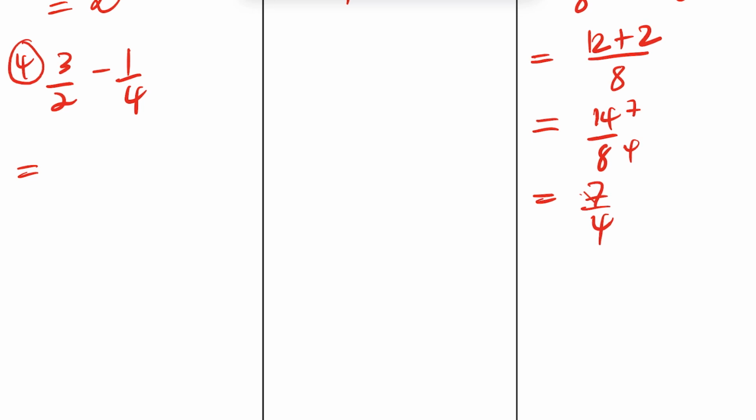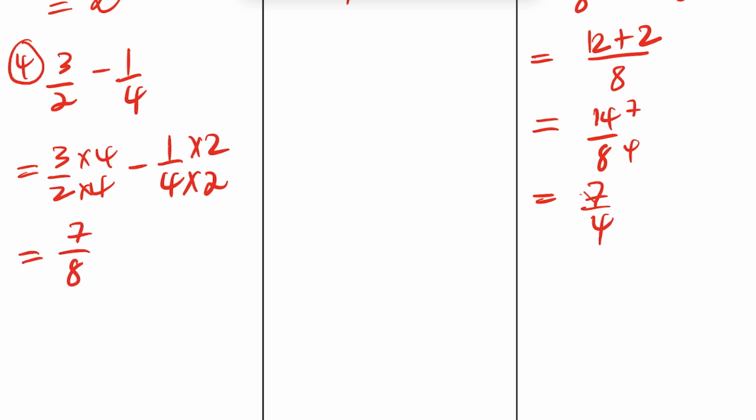So I'm writing the first fraction, and then I times it by 4. Where do I get the 4? I got the 4 here. So minus 1 over 4, and then we times by what? 2 times by 2. So it's going to be 12 over 8, and then 2 over 8.